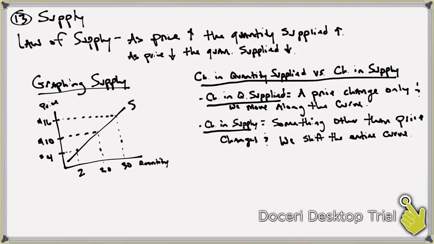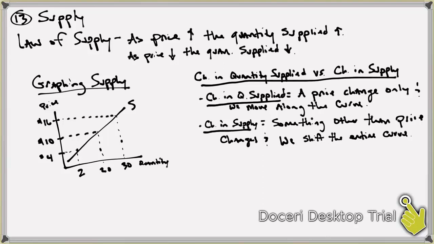Last thing that we are going to do today is talk about what the factors are. We call those determinants in this class. On Thursday, we put down the determinants of demand, and those are the factors that cause our demand to shift. If you went back to the reinforcement questions I gave you for homework, all of those scenarios should have been able to be placed in one of the determinant categories.